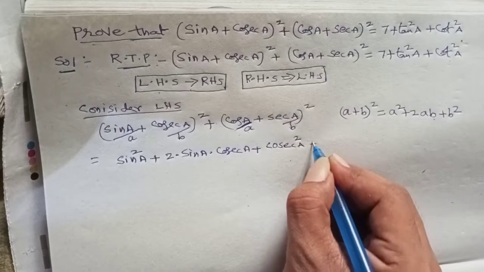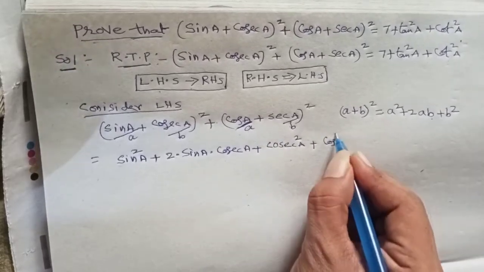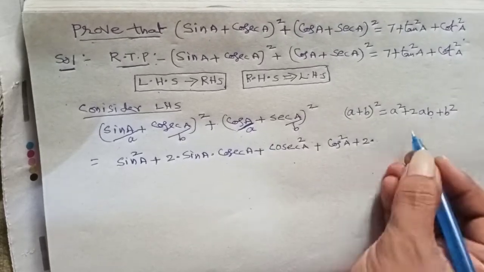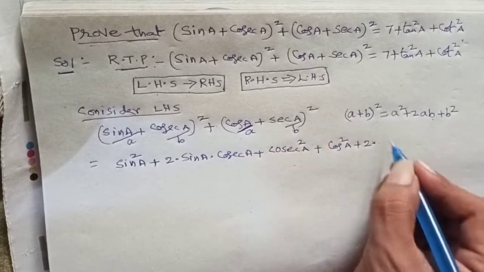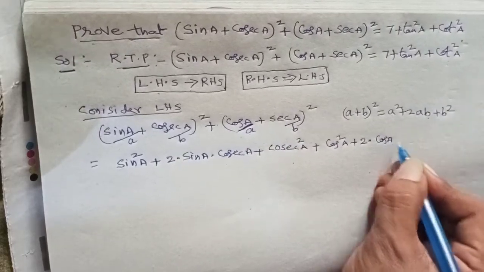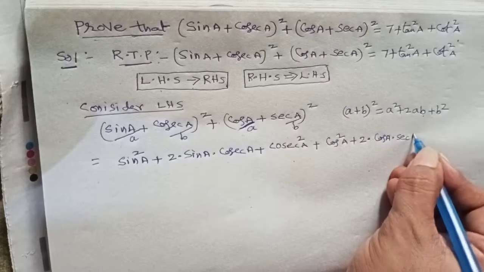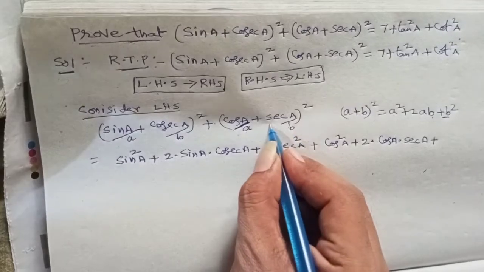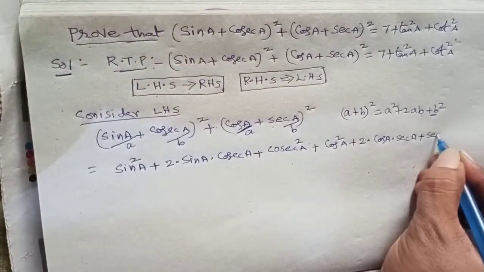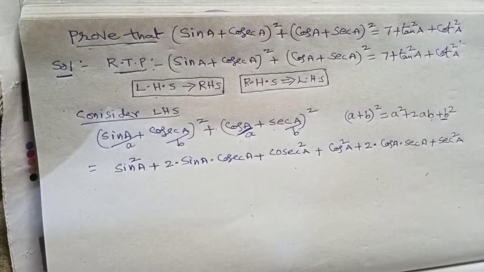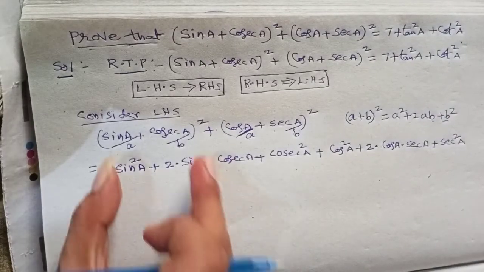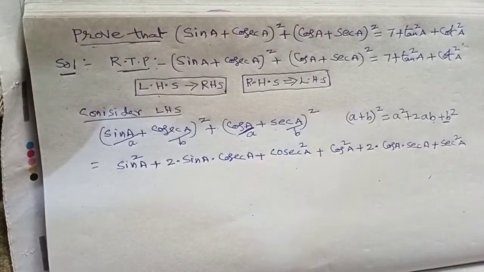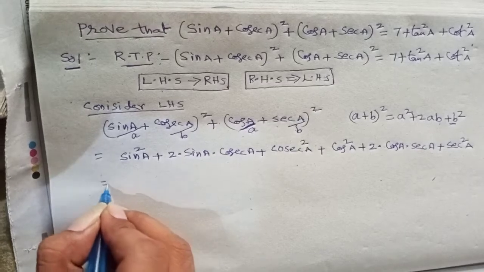Then, plus cos² A. Then write down 2ab, where 2 is always constant, a is cos A, b is sec A. Therefore, 2 into cos A into sec A. Then the last one is b², where b is sec A, therefore you can write sec² A. It is very simple. Here we have applied (a + b)² in both terms. Now come to the next step.